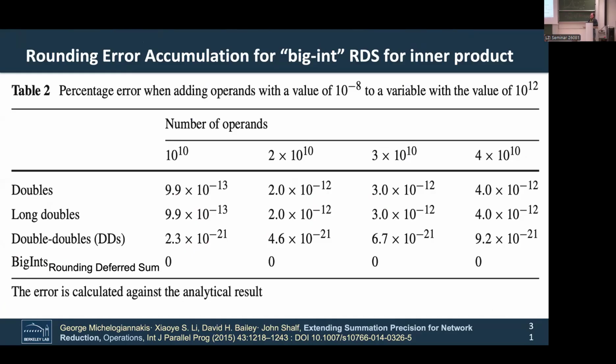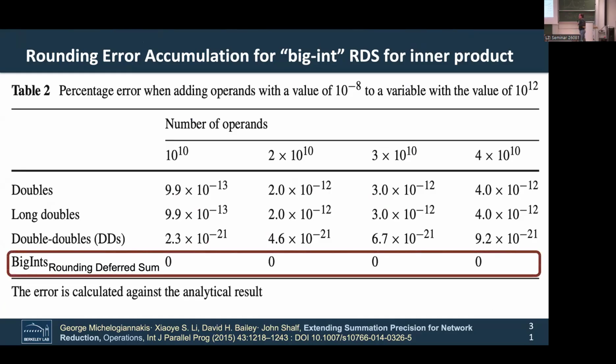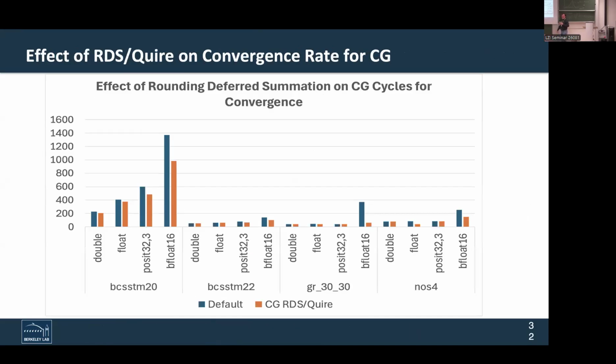This is a paper we did with Sherry Lee and David Bailey a while ago. To give you an idea, with the rounding deferred summation we do longer and longer series of accumulations, and there's no rounding error. Whereas even with double double and long double and double, you can have some accumulated rounding error as these sums get longer.